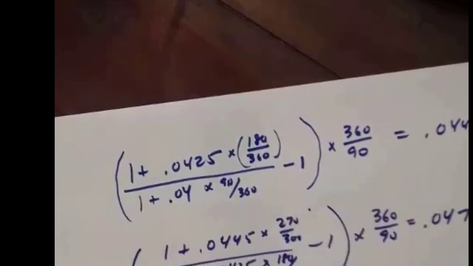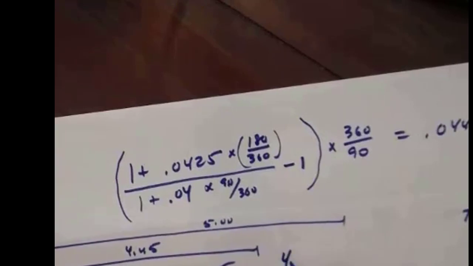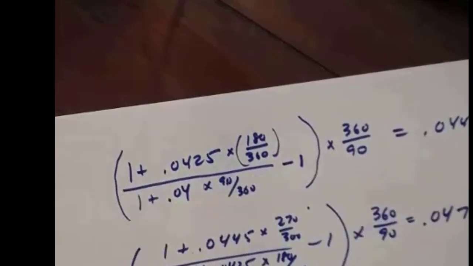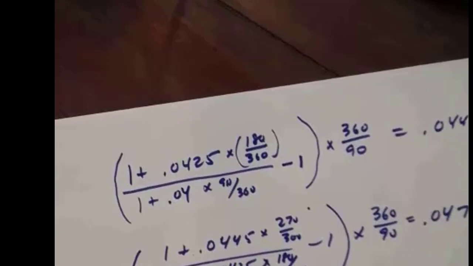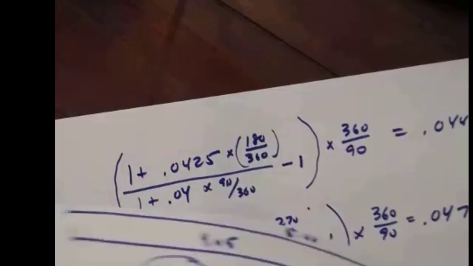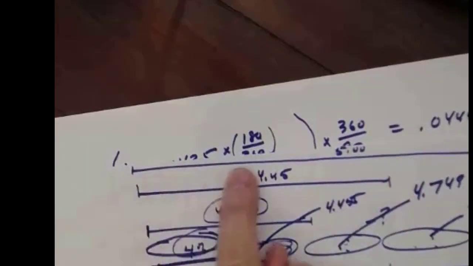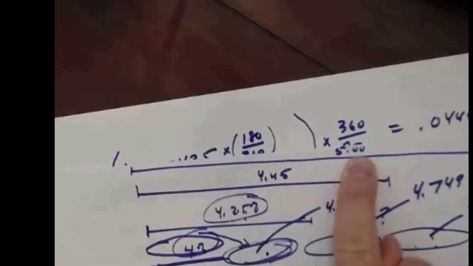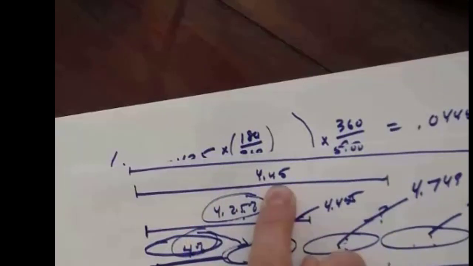Our next number is this last forward rate, which graphically is this number right here. The last one was 4.749. What is the last forward rate in the calculation? Well, 1 plus, and again, these things get very repetitive, we take this 360-day 5% rate and divide it by this 270-day rate of 4.45.